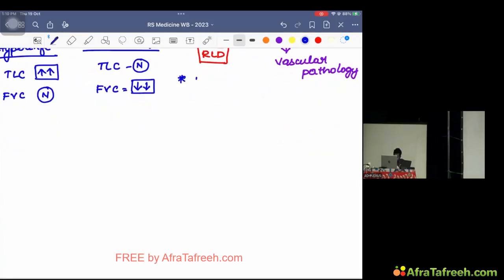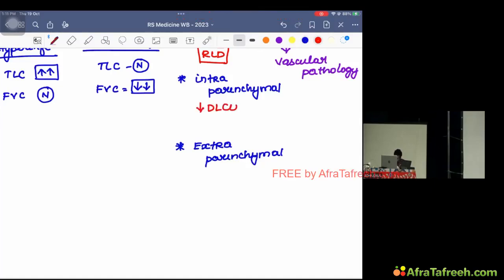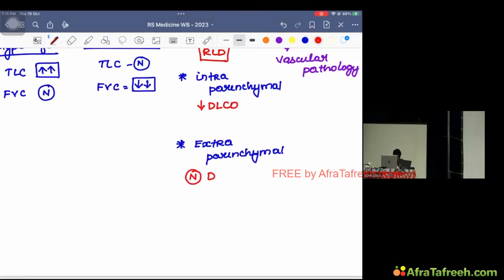Whether it is intraparenchymal or extraparenchymal, these kinds of questions are for INI-SET. In intraparenchymal, there is going to be a decrease in the DLCO. In extraparenchymal, there is going to be normal DLCO.